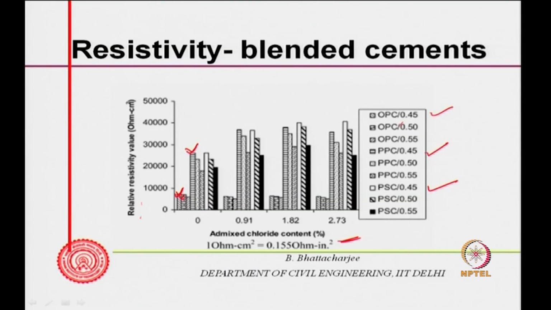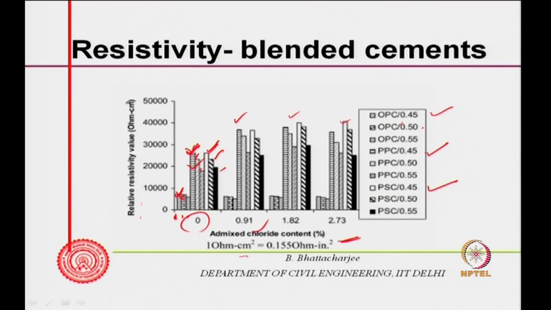These are for blended cement for 3 water cement ratios, at 0% chloride: OPC 0.45, 0.50 and 0.55, PPC 0.45, 0.50, 0.55, slag cement 0.45, 0.50, 0.55, no chloride.